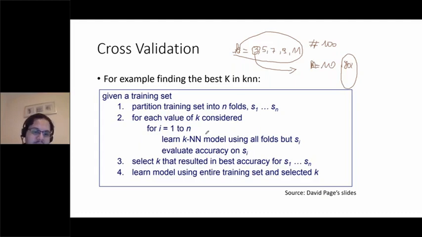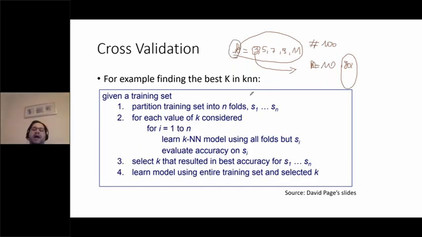It's exactly the cross-validation technique. So we measure the accuracy across the 10 tests and sum them up to see what my accuracy is. And we select the K that resulted in the best accuracy. This way we know what the best K is.